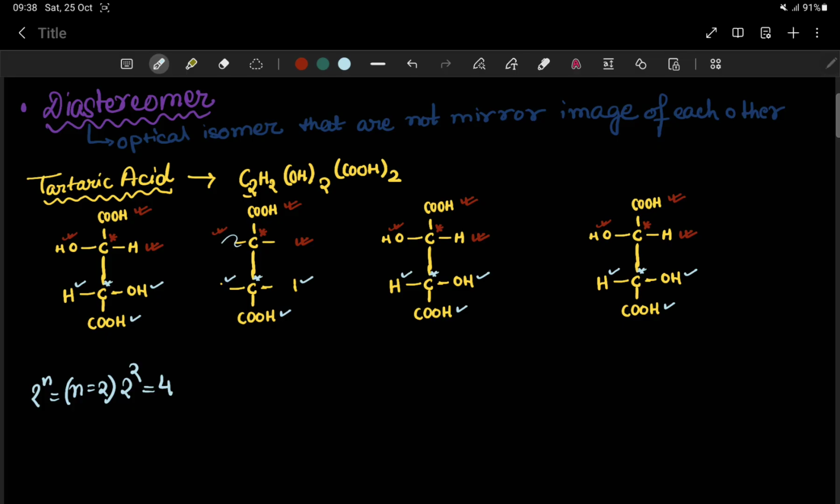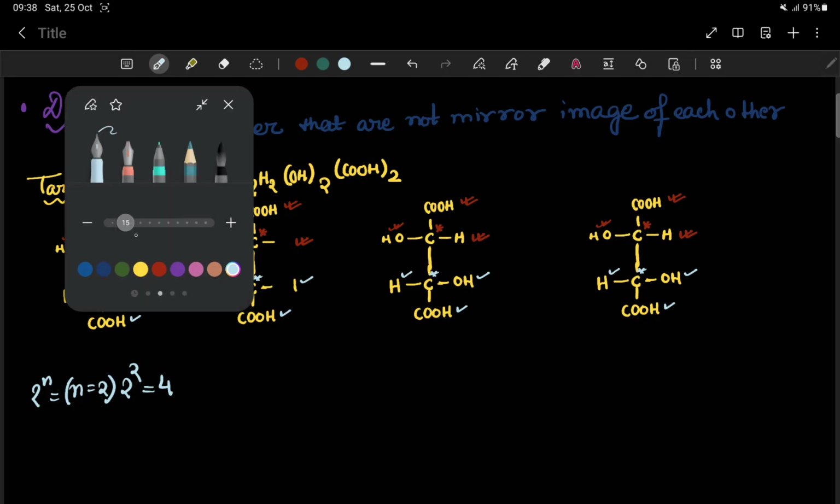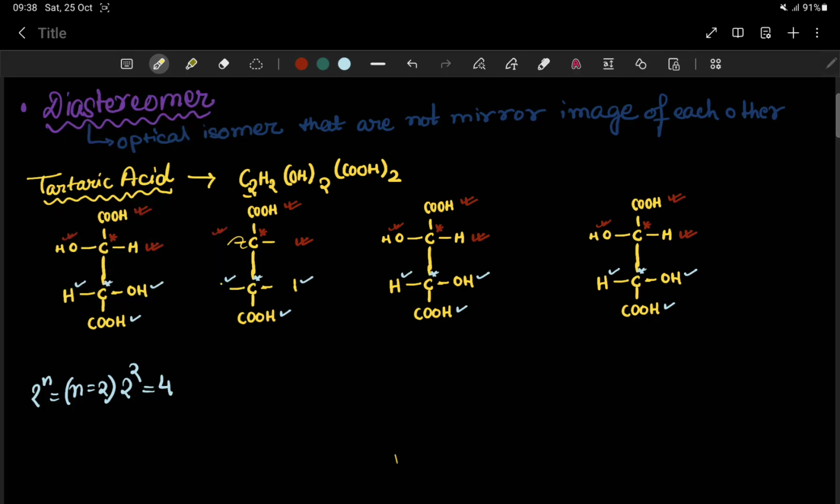Okay, so here I am going to write H. Here I am going to write OH. This is our OH and this is our H. See one thing over here. I hope you can see that I am basically taking the mirror.